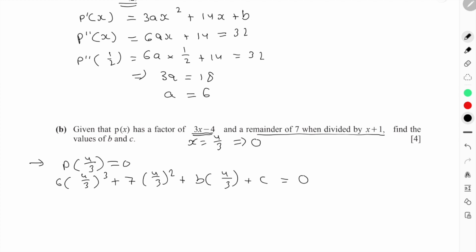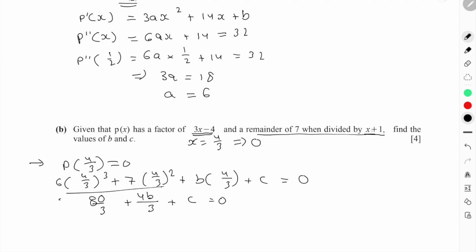So just plug these values into the calculator. You get 128 by 9 plus 7 into 4 divided by 3 whole squared. So this whole thing would be 80 by 3 plus 4b by 3 plus c equals 0.